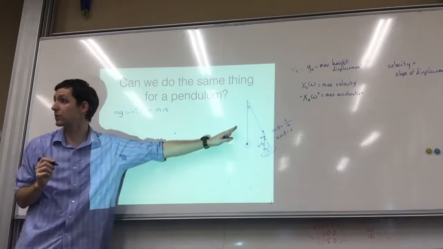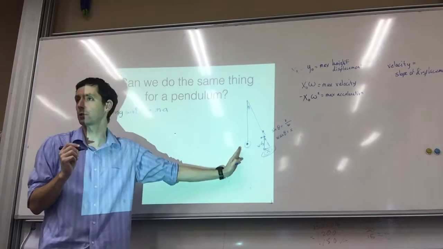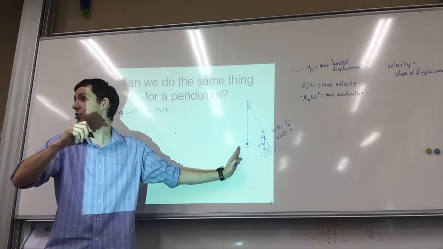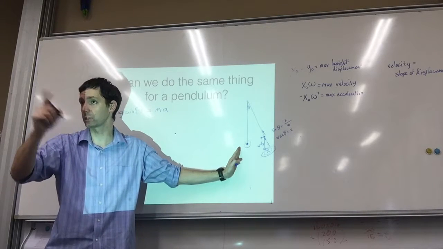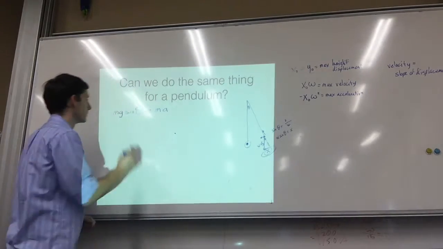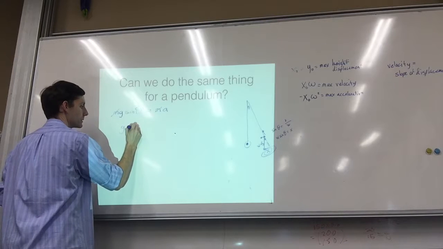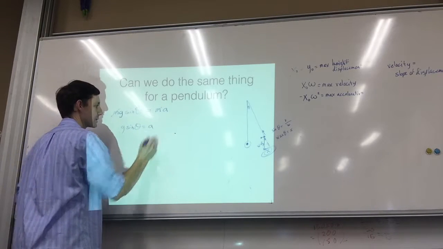Because x was the force. X was the restoring force, this force that was causing it to go back to equilibrium. That will be equal to mass times acceleration, yes. And can the mass cancel out? Now the mass can cancel out, leaving me with g sine of theta equals a.